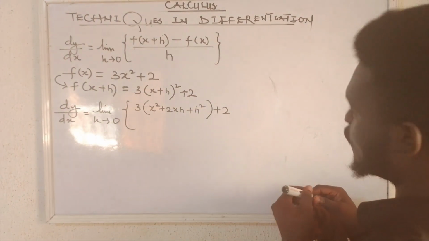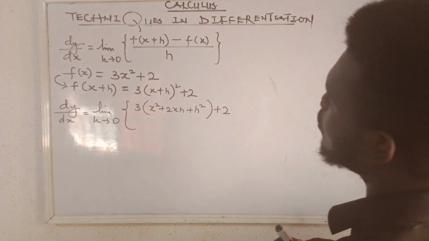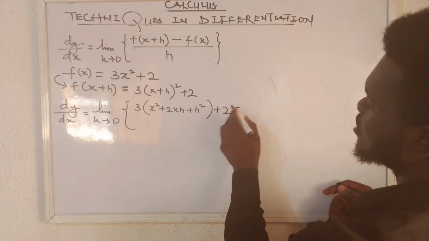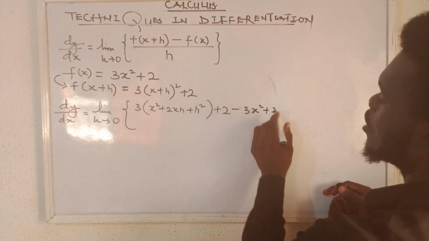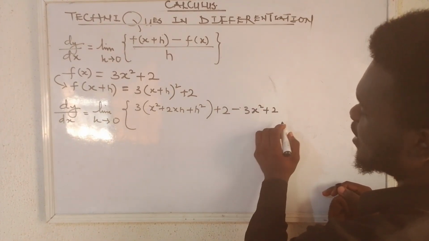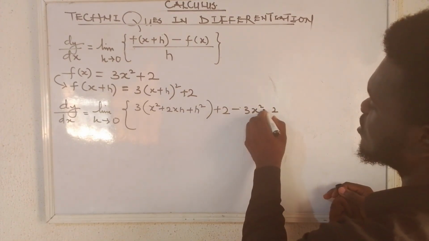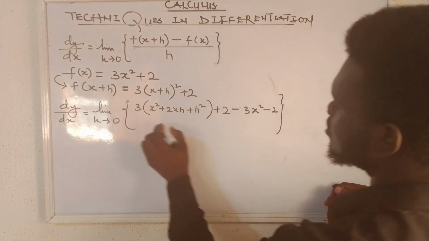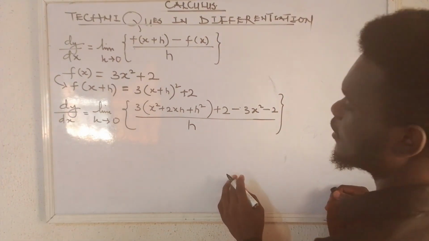From the formula, we minus the function of x, which has been given as 3x squared plus 2. Because the minus is there, it affects this, so I don't need to bracket anything anymore. Then all of it is divided by h.